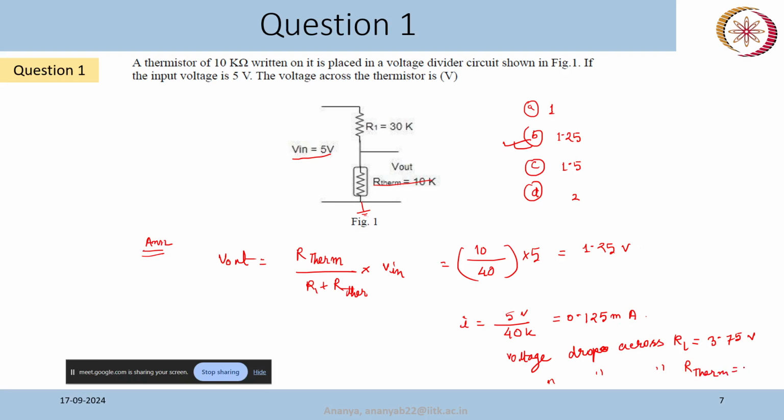So this is 1.25 volt. So instead of voltage, if current is given, we also get the voltage across the thermistor as 1.25 volt, and when voltage is given, then also we are getting 1.25 volt. So that is basically circuit analysis. That's how we will solve the question. I hope it is clear.